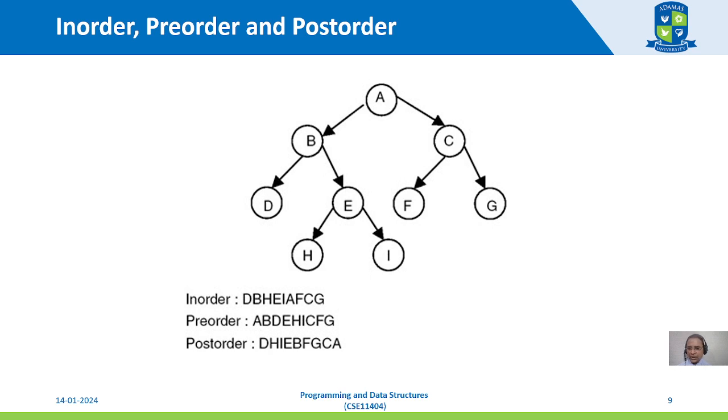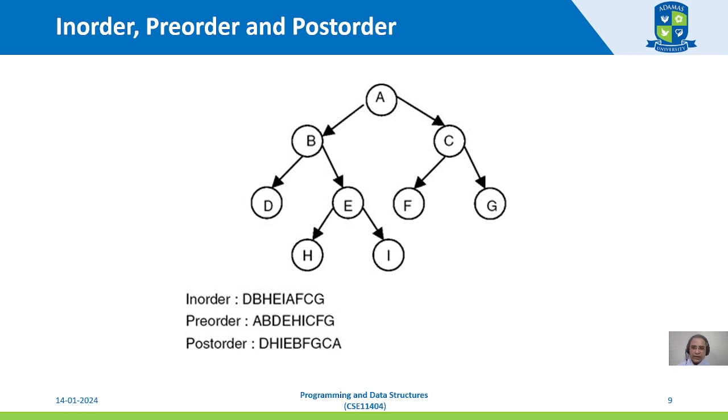Left is D, the leftmost, it will be traversed, then root B, then right, as the rightmost element is H. You can see the rightmost element of B is H. So H will be traversed, then the root of H is E, then I will be traversed, then the root A will be traversed, then the rightmost of A is F. So F will be traversed, then the root node C, then G. So like this it will be traversed.